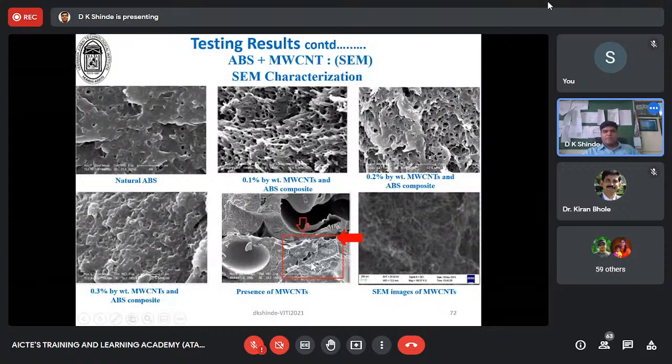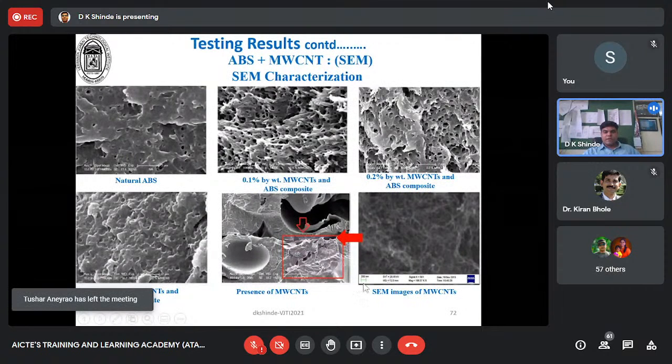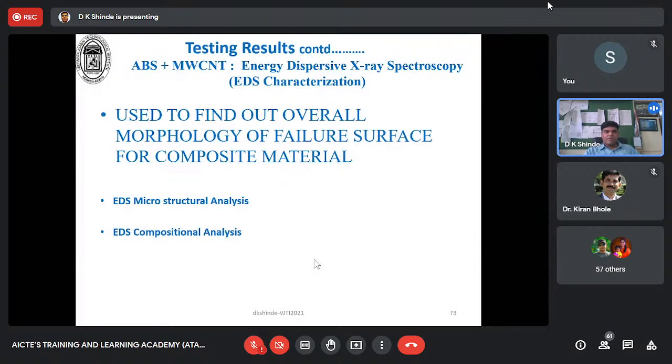We see a similar kind of forest, an array of CNTs, under the SEM after buying from the vendors. So at 200 nanometer the CNT arrays were showing like a forest. That kind of structure we have seen over here in the lower-size image.